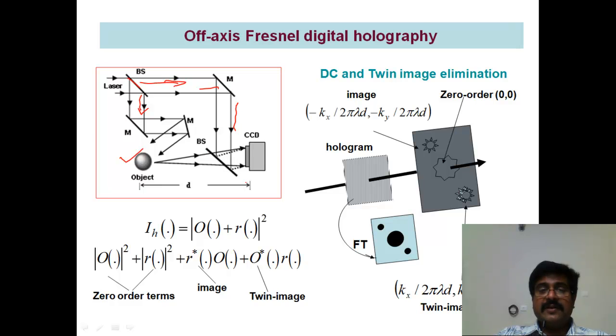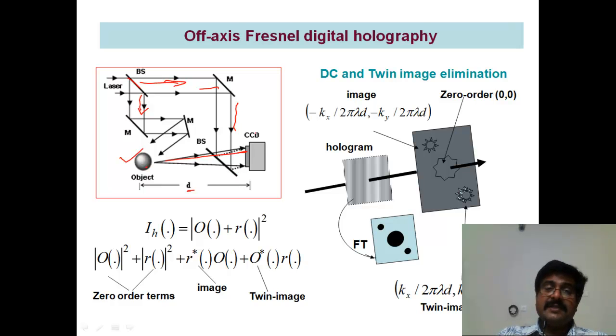This reference wave reflected by this beam splitter makes an angle with the object wave. So there is an offset angle between the object and reference wave, and the object is kept at a distance d from the CCD sensor. So the hologram is formed by the Fresnel transform of the object over a distance d interfering with the plane reference wave at an angle theta.